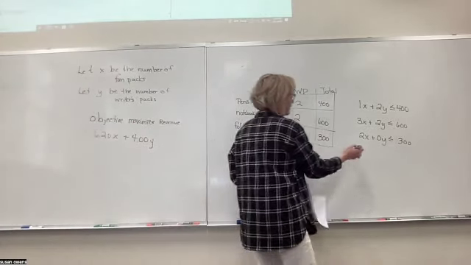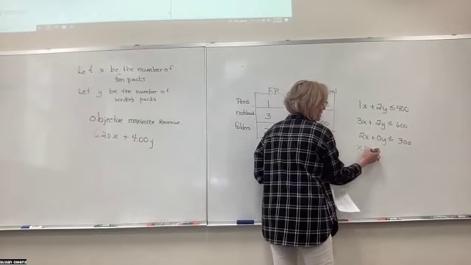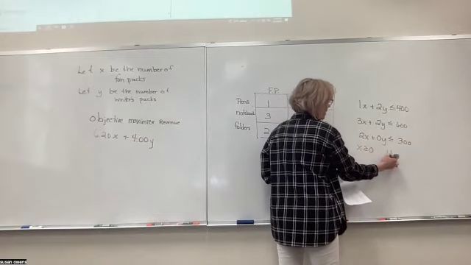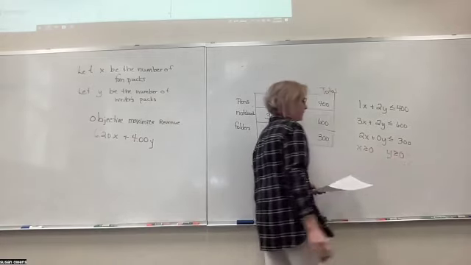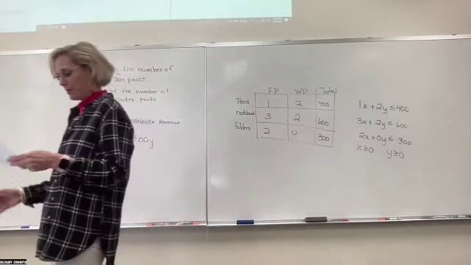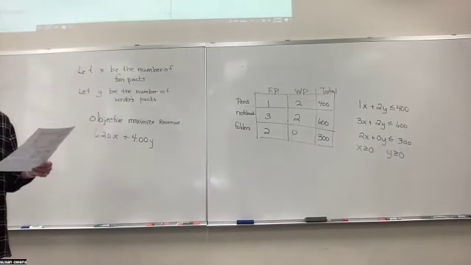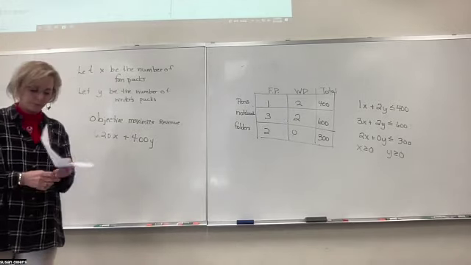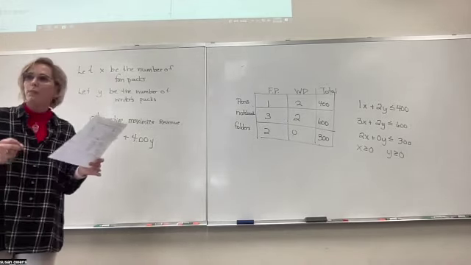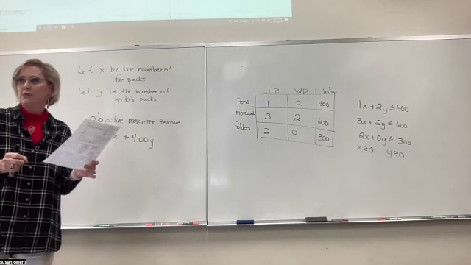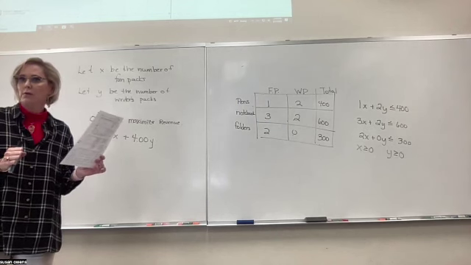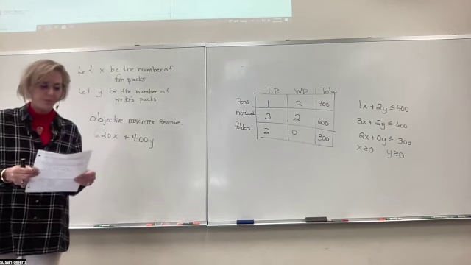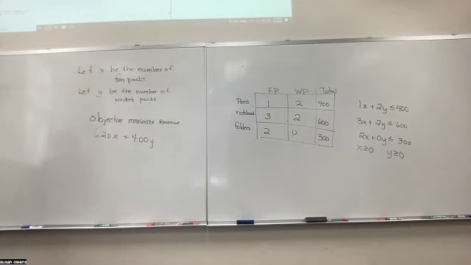So the number of fun packs that we create has to be greater than or equal to 0, and the number of writer's packs that we have to make has to be greater than or equal to 0. Are we good so far? Does that feel okay so far? Okay. So now we're going to graph our lines, okay, on the back of this page.